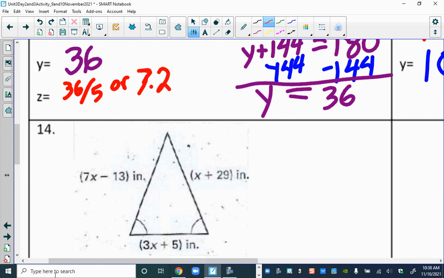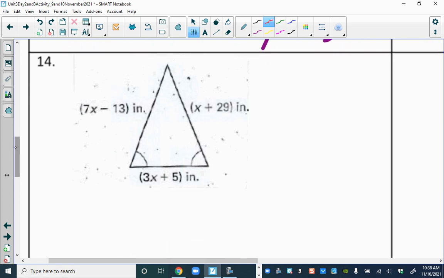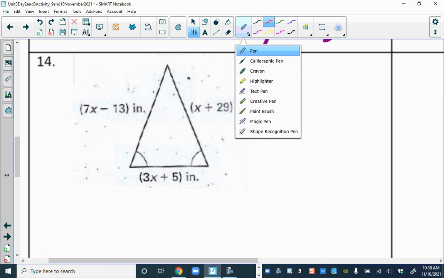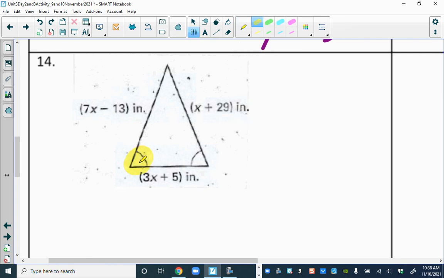So for 14, we have our two congruent angles. So which two sides? Okay, we don't need this one in the end.